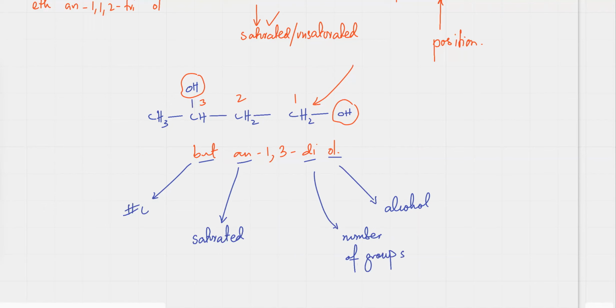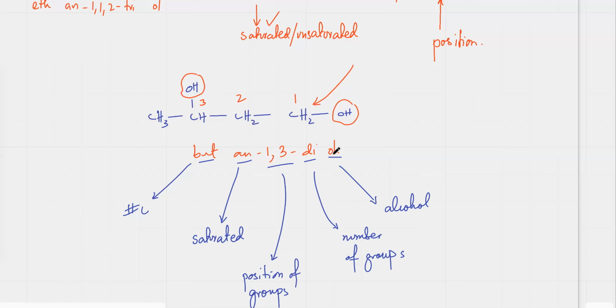And before that, the number indicates the position of those functional groups. So here's a breakup: it starts with the carbon atoms, then an, which would always be there, then the position of the functional groups.